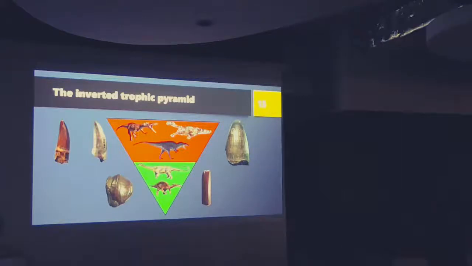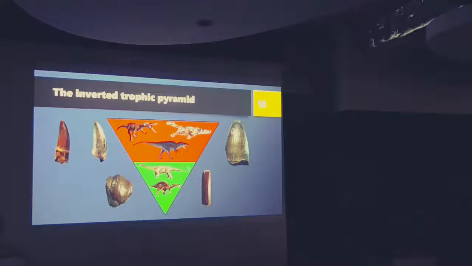Another thing that these two faunas have in common is that we observed an inverted trophic pyramid. That means that we found a lot more fossil remains from predators than fossil remains from herbivorous dinosaurs, which are most likely prey in the classic model of how continental faunas worked in the Cretaceous.